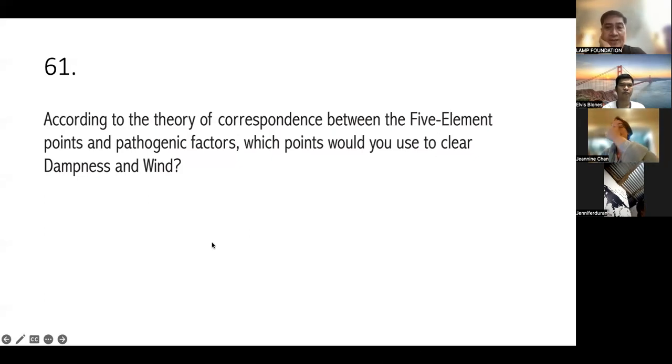Eh kung wind? Eh di magkakaroon ng cold. And more pag wind, dampness. Wind. What points are you going to use? Are you going to use water point for wind? Remember, wind yan.